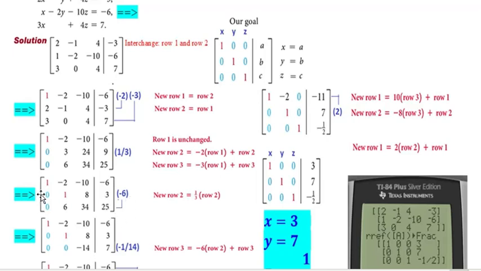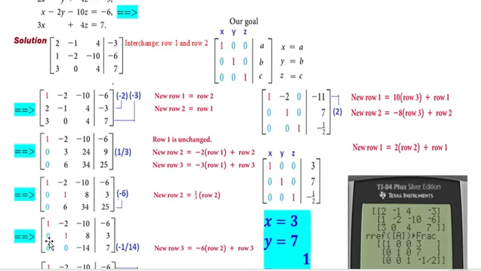Minus 6 times 0 is 0. 0 plus 0 is 0. Minus 6 times 1 is minus 6. Minus 6 plus 6 is 0. Minus 6 times 8 is minus 48. Minus 48 plus 34 is minus 14. Minus 6 times 3 is minus 18. Minus 18 plus 25 is 7.